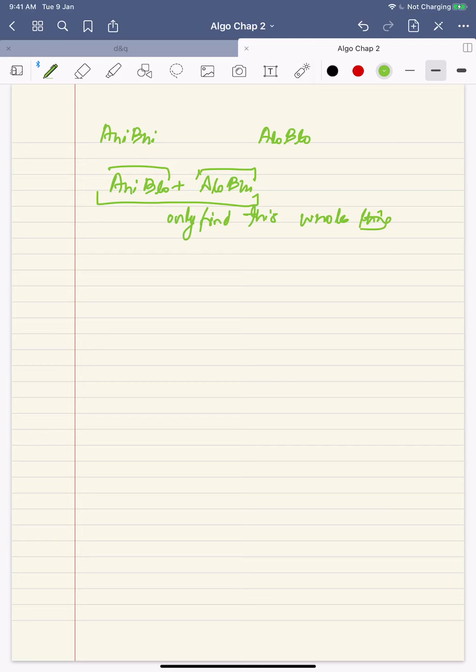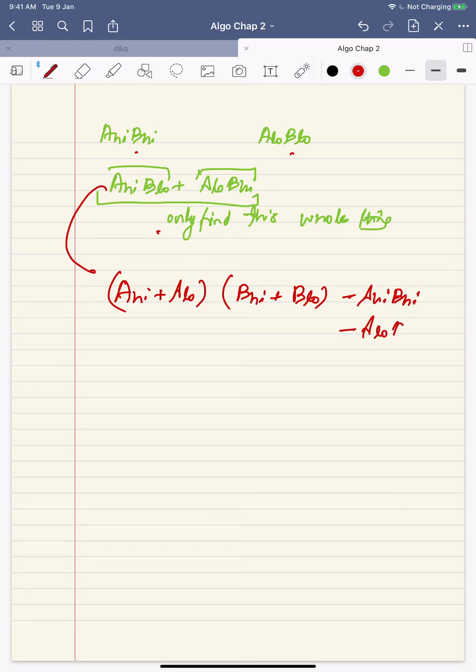So let's think. Remember, how does this term come? AHI BLO plus ALO BHI. We were multiplying AHI plus ALO with BHI plus BLO. So this is nothing but AHI plus ALO times BHI plus BLO, minus AHI BHI, minus ALO BLO, and that is exactly this term.